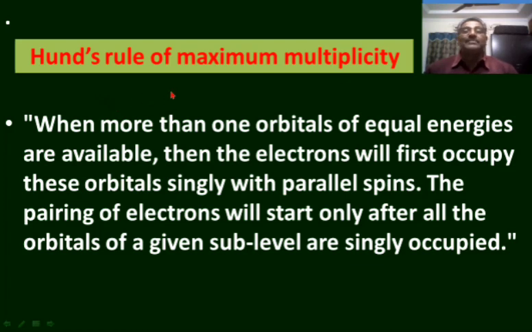In the case of orbitals having the same energy, how are the electrons filled? How do the electrons fill the orbitals in degenerate orbitals?